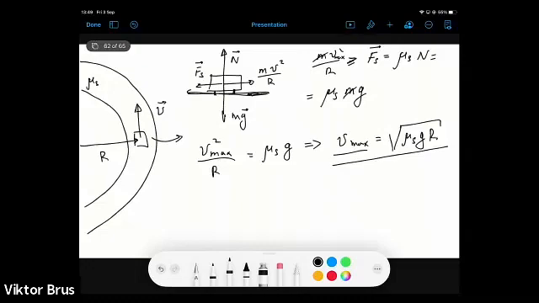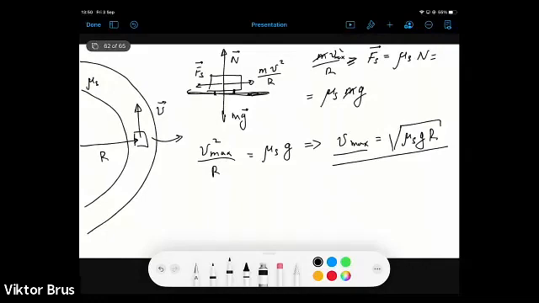So you cannot go very fast on strongly curved roads because there is a chance that you will just slide away from the surface. g matters, and of course the friction.